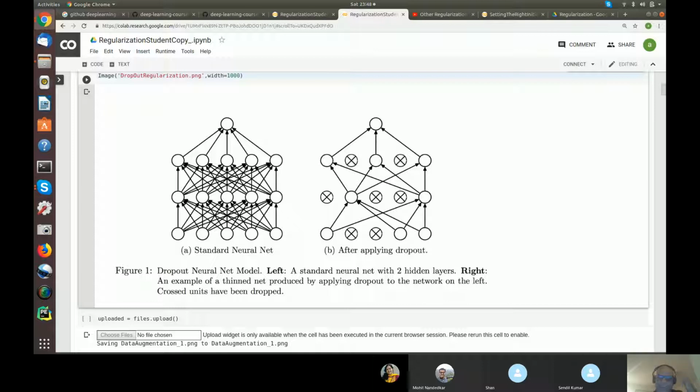And there were approaches, as Shantanu mentioned, to take averages during the test time and do it that way. So those approaches were used. The more popular approach is to do this during training time, and once the parameters have been trained, in each iteration, 80% of the neurons get trained.